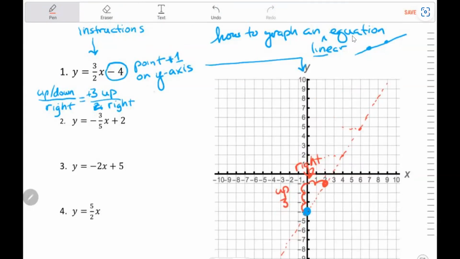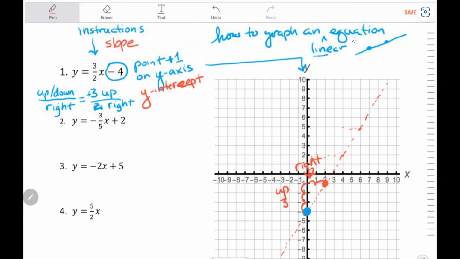All right. This thing right here, this point number one on the y-axis, is called the y-intercept, because it's on the y-axis and the line intercepts it right there. And these instructions are called the slope.